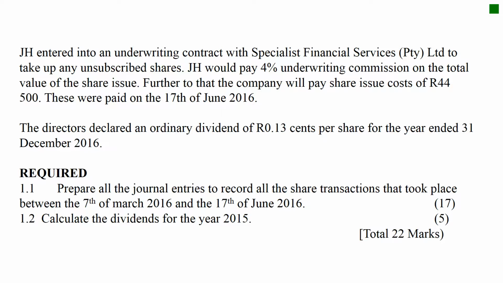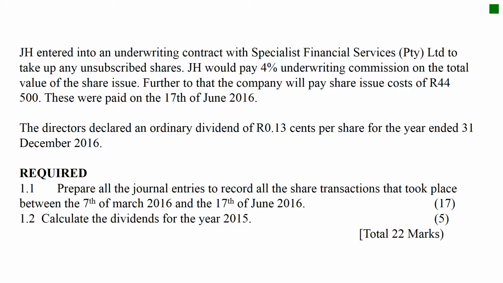JS entered into an underwriting contract with Specialist Financial Services Private Limited to take up any unsubscribed shares. JS would pay 4% underwriting commission on the total value of the share capital.